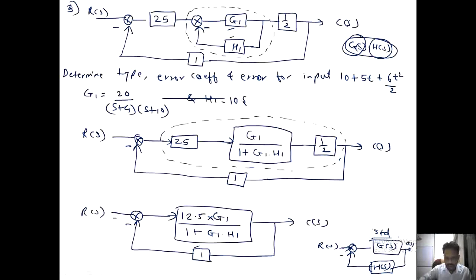So G of s is 12.5 into G1 by 1 plus G1 into H1. And what is H of s? That is 1. As we are comparing with the standard diagram, this is a partial solution. Now this is not over. In the numerical we have G1 and H1 values.